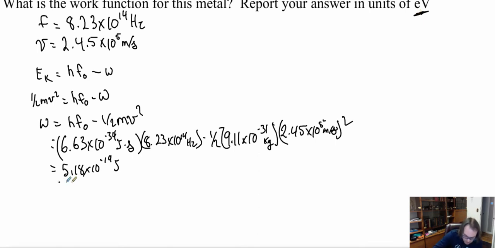I'm going to divide this by 1.6 times 10 to the negative 19 joules per electron volt. Looking at my unit cancellation, my joules cancel off, and I'm going to end up getting 3.24 electron volts.